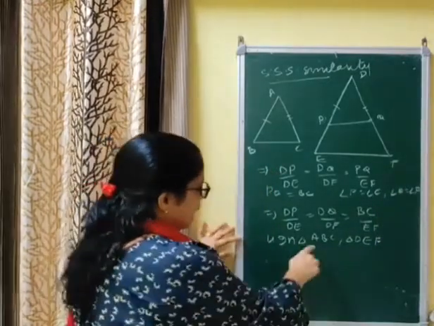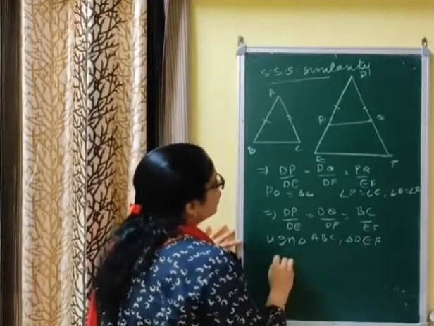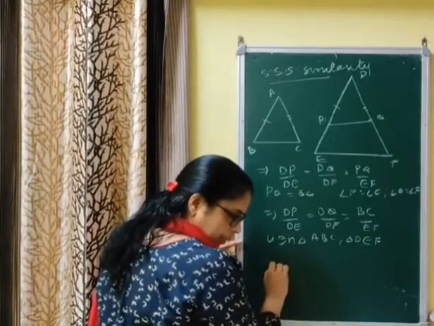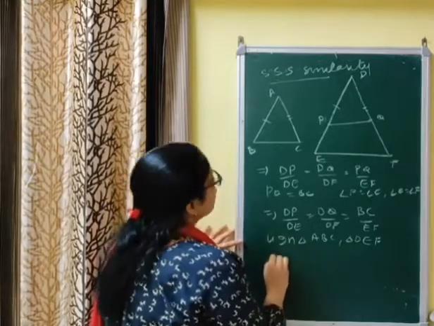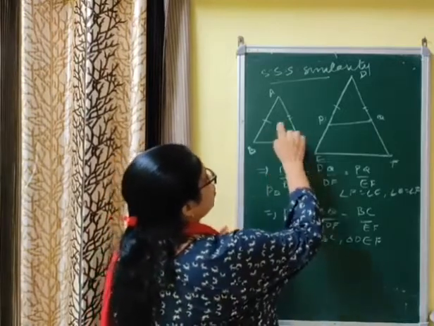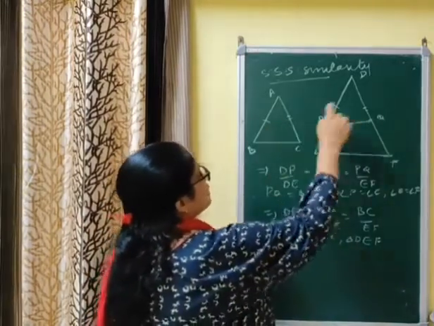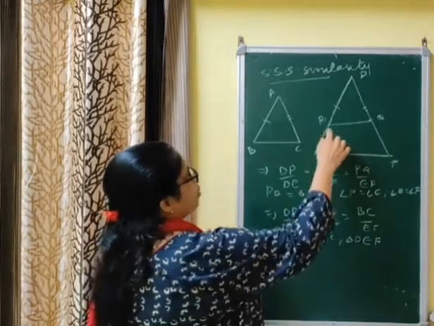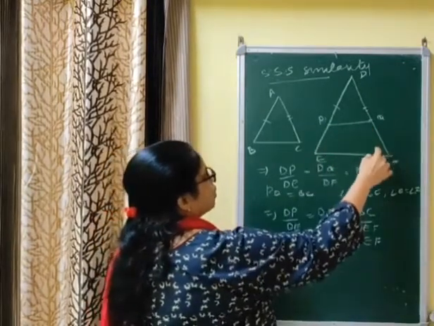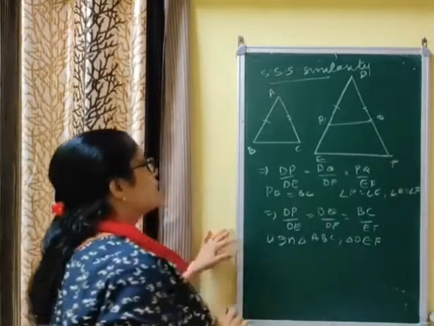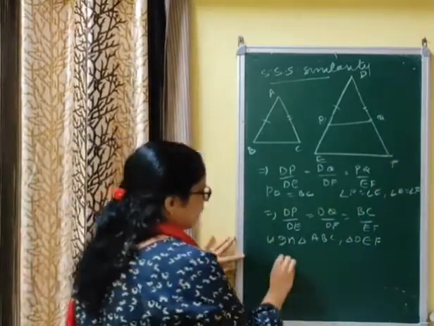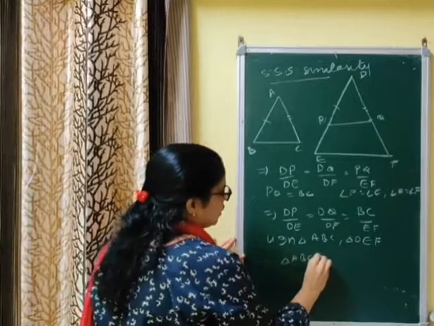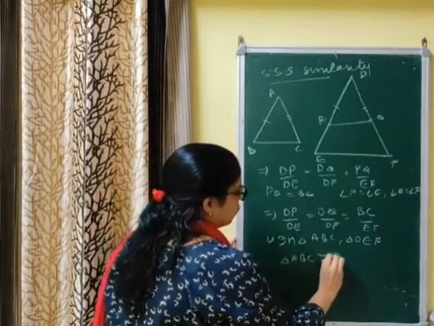Now in triangles ABC and DEF, what are the conditions you are given? AB is equal to DP and AC equal to DQ, and one more condition, P equal to E you proved and Q equal to F you proved, so you can say that triangle ABC is congruent to triangle DEF.